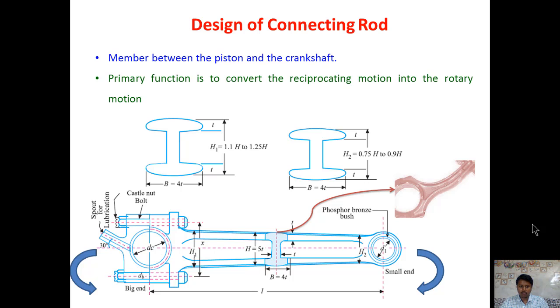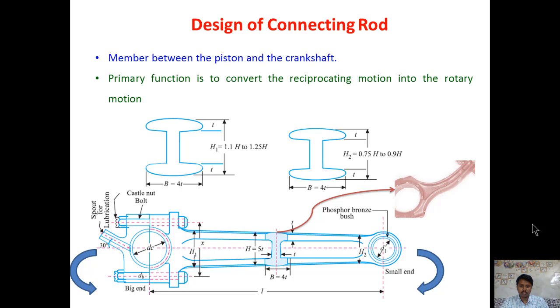In the figure, you can clearly see there are two ends, one called the small end, the other called the big end. The small end we otherwise call the I end.